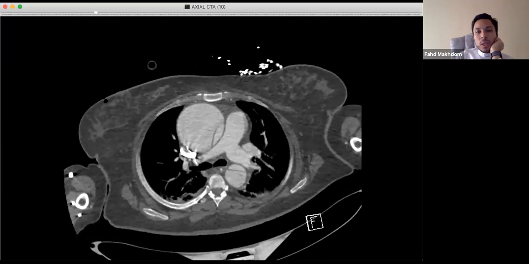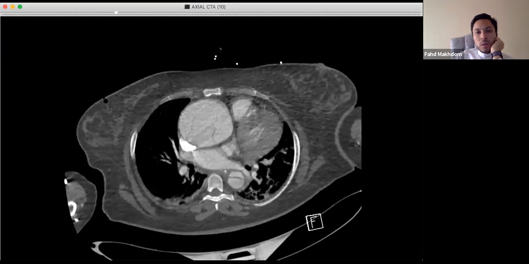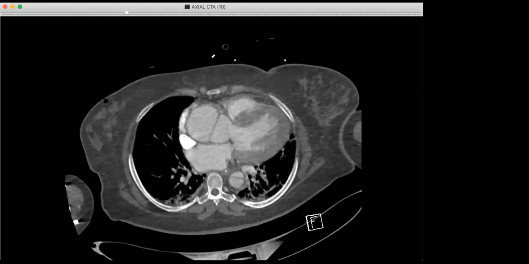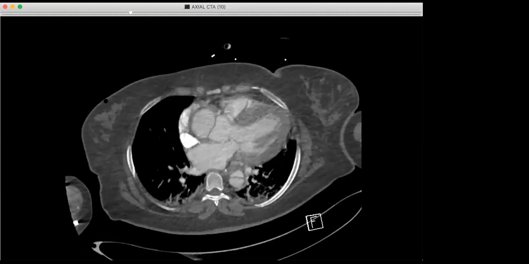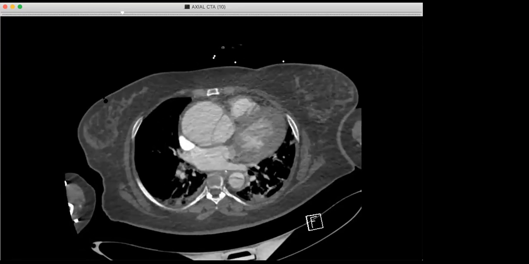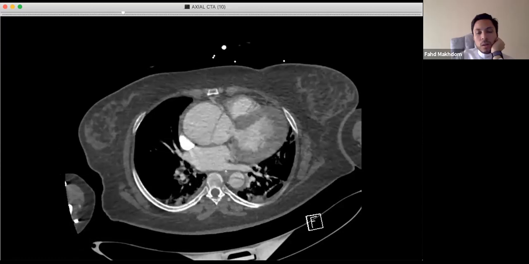Okay, from the CT scan, do you think the dissection is extending to the aortic root? Can you go back? The root, yeah, I think it's extended. I need the axial picture. I think it's better for me to judge the root. But here also, I think it is reaching the root.